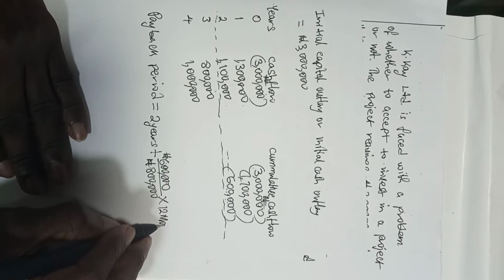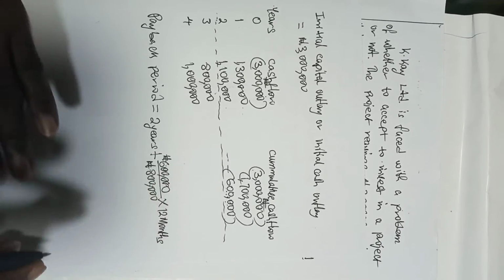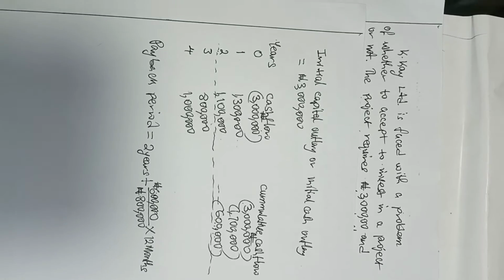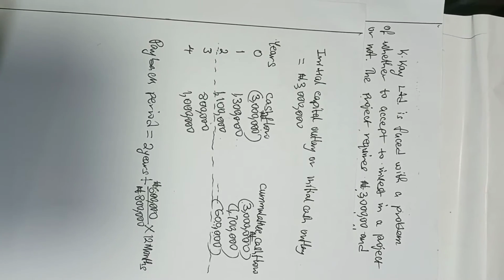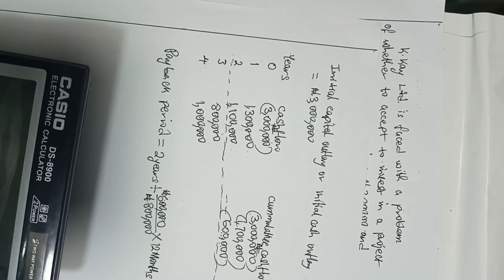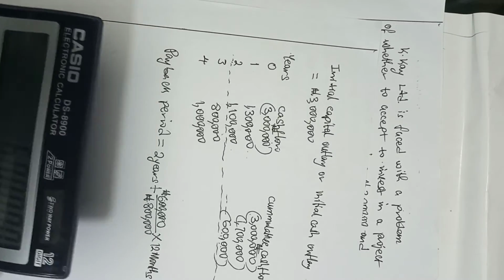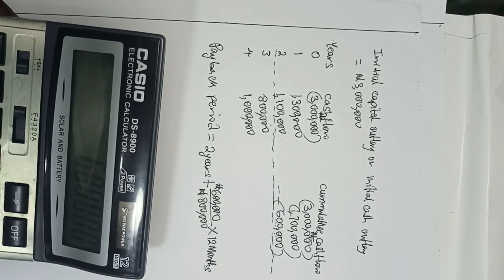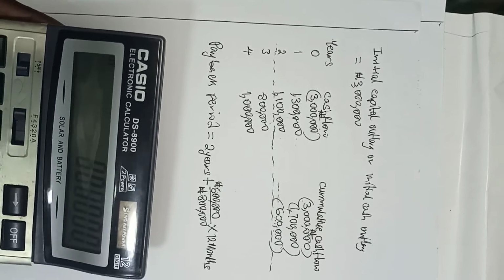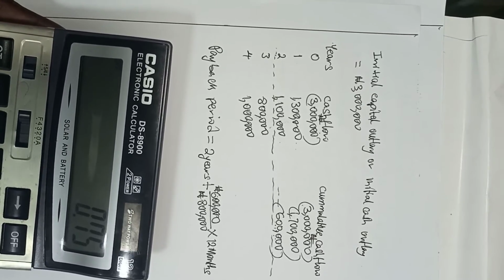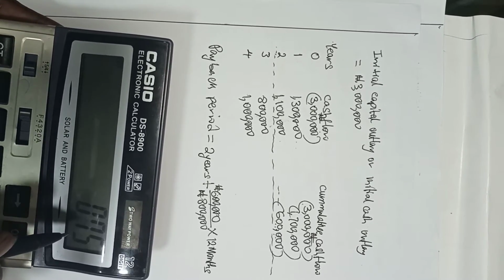So let's use our calculator. 600,000 divided by 800,000 is equal to 0.75.